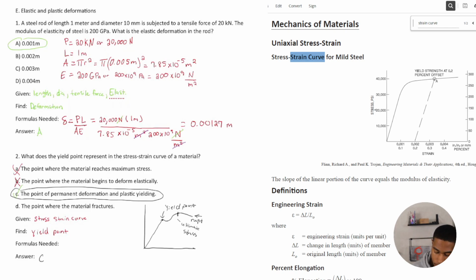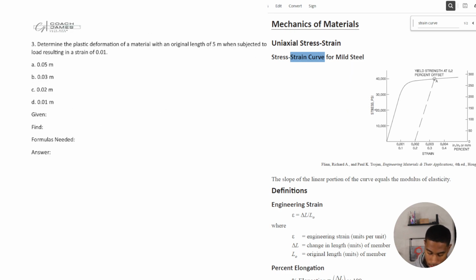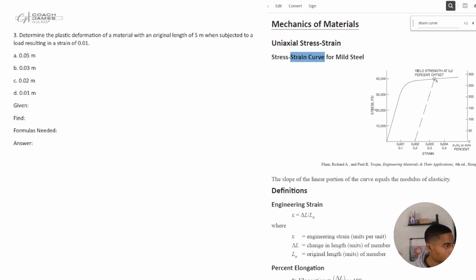So definitely need some prior knowledge to be able to answer that question. All right, let's look at number 3. This one says, determine the plastic deformation of a material with an original length of 5 meters when subjected to a load resulting in strain of 0.01.